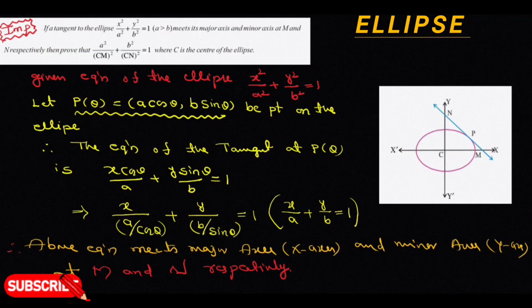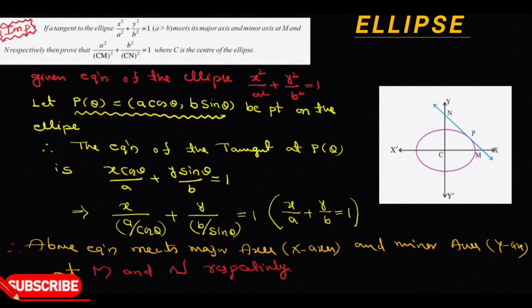Now the above equation meets the major axis, that is the x-axis, and the minor axis, that is the y-axis, at M and N respectively. Like this is M, here N. Cm equals a by cos theta, Cn equals b by sin theta.